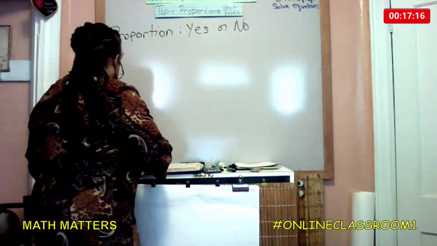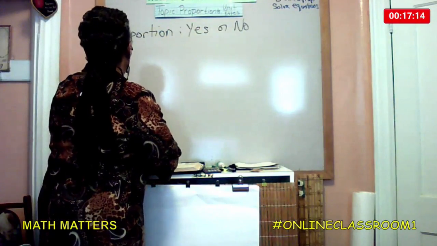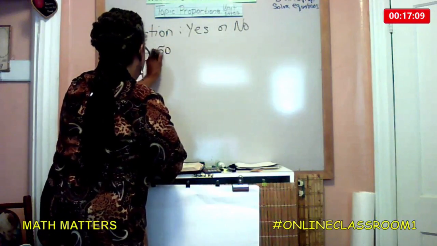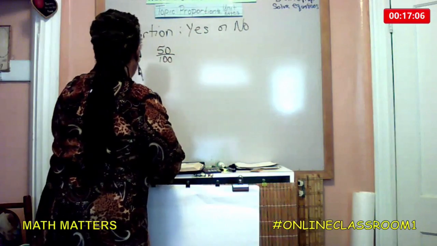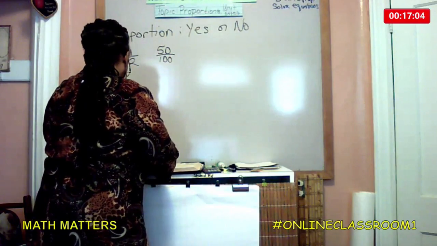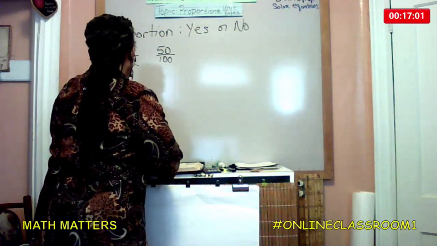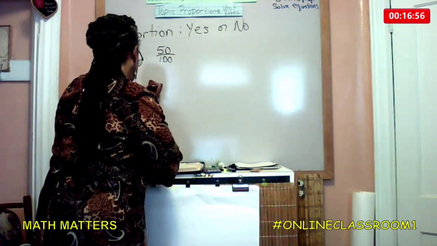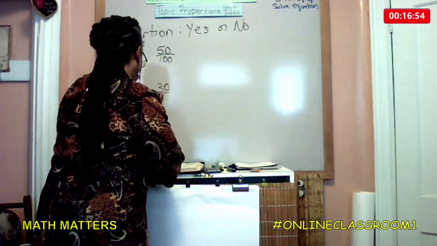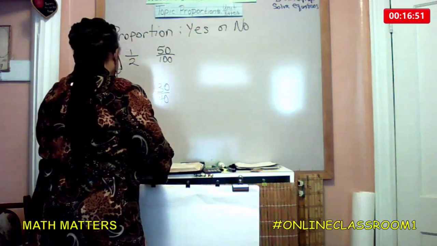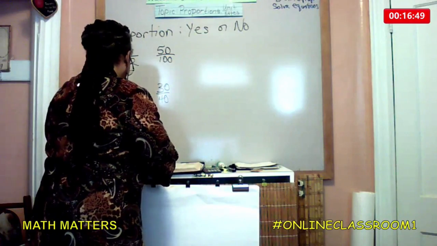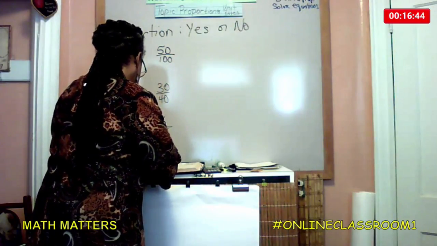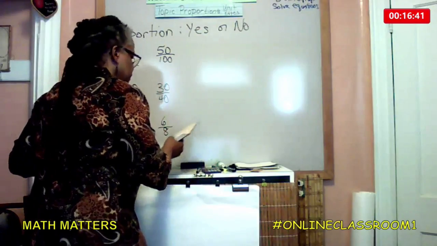All right, let's look at a few. Number 1: 1/2 and 50 over 100. Number 2: 10 over 20 and 30 over 40. Number 3: 4 out of 12 and 6 out of 8.